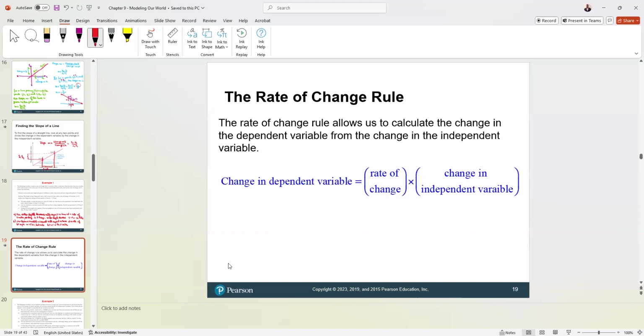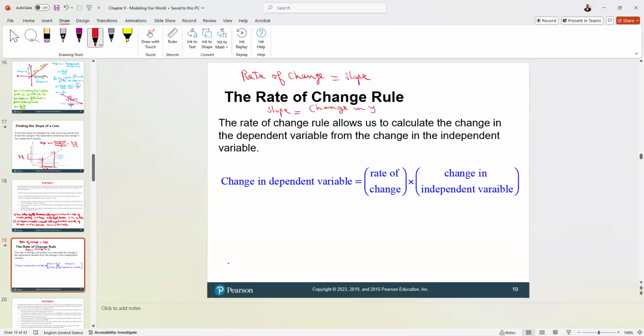The rate of change will allow us to calculate the change in the dependent variable from the change in the independent variable. Remember, rate of change is equal to slope, and slope by itself is change.